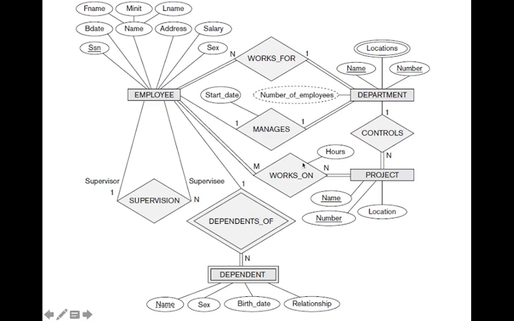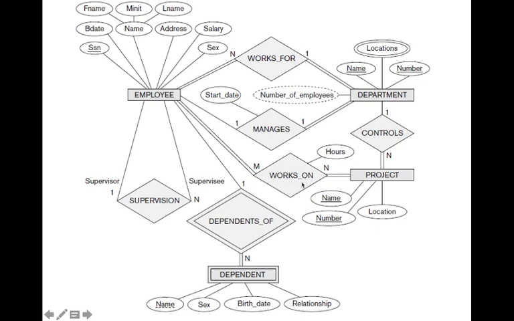And in that table, what we have to include? We have to include foreign keys. What should be the foreign keys? The primary key of employee and also the primary key of project. The primary key of employee is SSN, so ESSN will be there in Works On, and also the primary key of project is P number. So P number will also be in Works On.